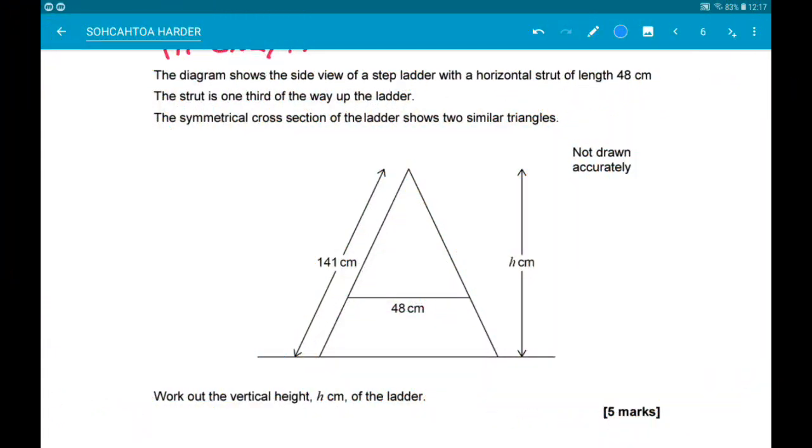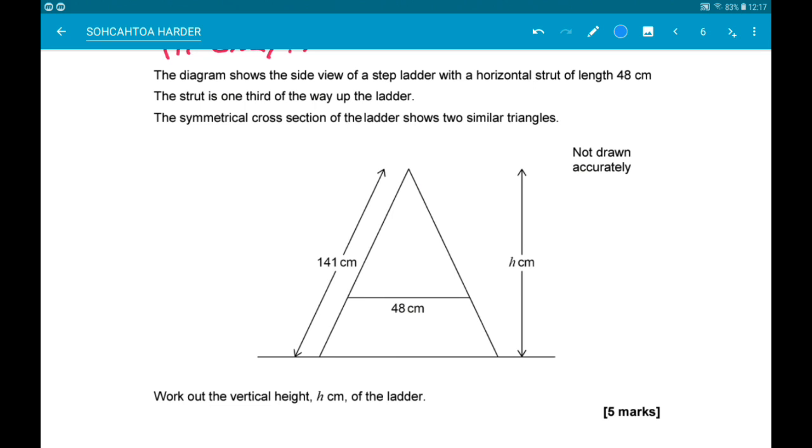Okay, number 4. Now I know I said at the start all questions are from both tiers. I've just come across this beauty. This one is really higher only, but feel free to give it a go. So, the diagram shows the side view of a step ladder with a horizontal strut of length 48 centimeters.